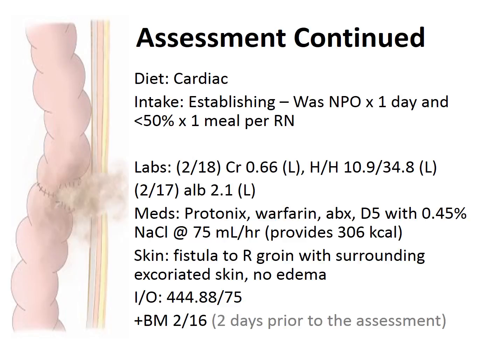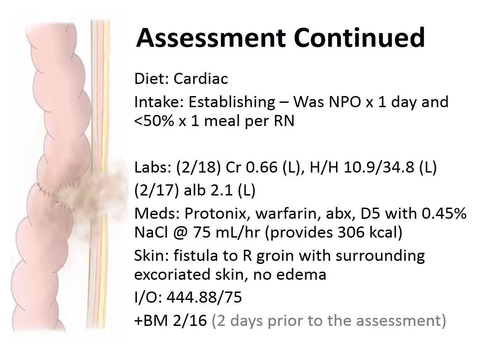When looking at the skin, although a pressure ulcer was one of the reasons for consultation to the dietitian, it was noted that the only abnormality was the fistula. The I's and O's, or the intake and output, were also assessed, in which it was especially important to note the output, which was 75 milliliters.